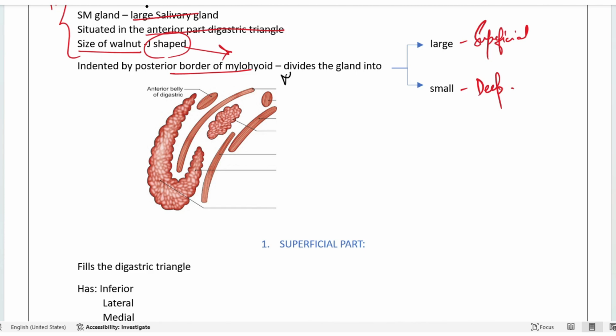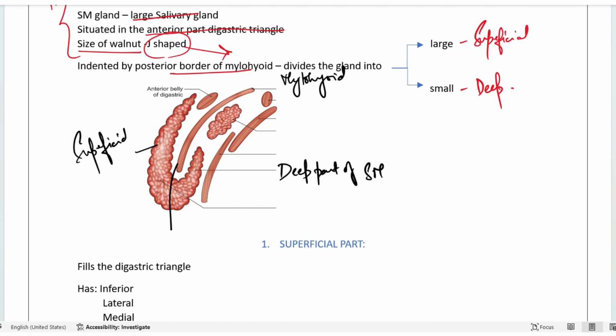Now this is the mylohyoid muscle, which divides the gland into a large superficial part. And this is the small deep part. This is the geniohyoid muscle.